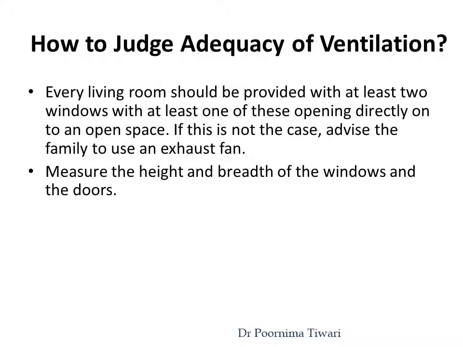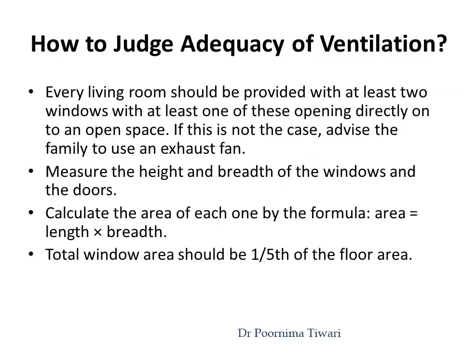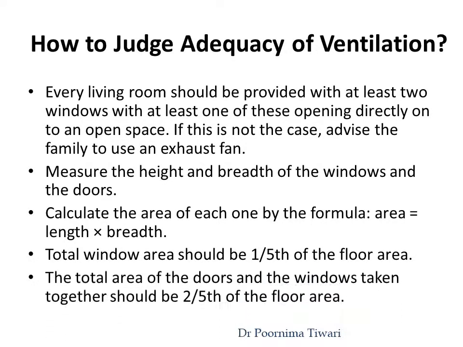The other criterion is to measure the height and breadth of the windows and the doors. Calculate the area of windows and doors by length into breadth. Total window area should be at least 1/5 of the floor area, and the total window plus door area taken together should be at least 2/5 of the floor area.